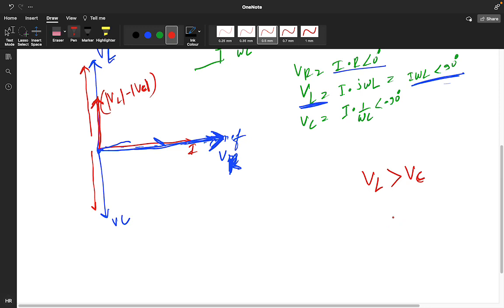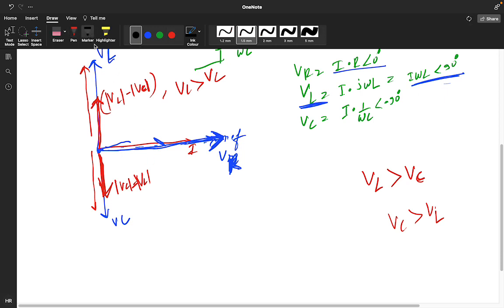But if VC is greater than VL, the net phasor will come down, and you will get VC minus VL.